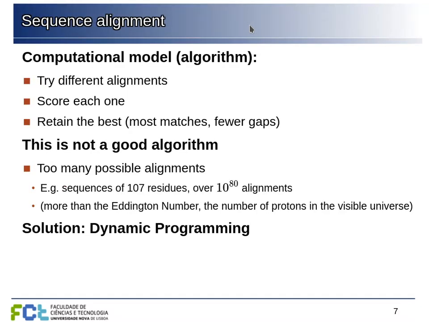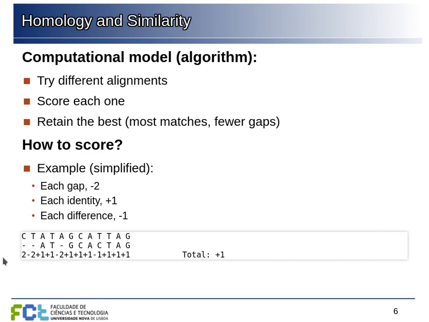One problem here is that there are too many possible alignments. If you can imagine, what we are doing here is that we can align this one with any of these characters, or even include gaps here, and then we could align this one with any character that is ahead of the one that is aligned there, and all of these combinations.